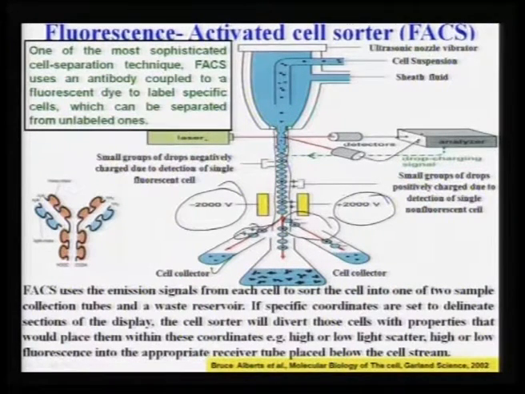So, that is what has been mentioned here, that FACS uses the emission signals from each cell to sort the cell into one or two sample collection tubes and a waste reservoir.